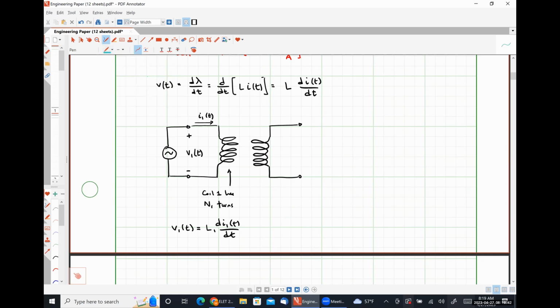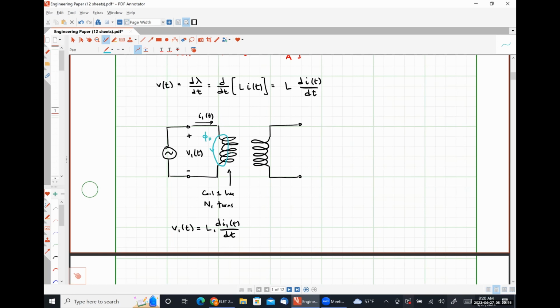Potentially, yes, but we're more worried about the electrical characteristics of what's going on right now. So what I should expect to see in this system is that coil 1, because it's carrying a current, is going to have some flux here, which I'm going to call phi 1,1, because it's the flux through coil 1 caused by current I1.